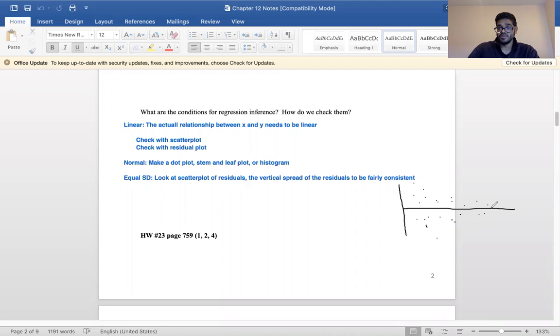Something like this is not what you want to see. The other one being the opposite, where it starts really narrow and then it gets wider and wider as you go along. So if you see something like this, right, and you see we kind of have this spreading pattern, this is not what you want to see, right? So those are things that you want to look for.